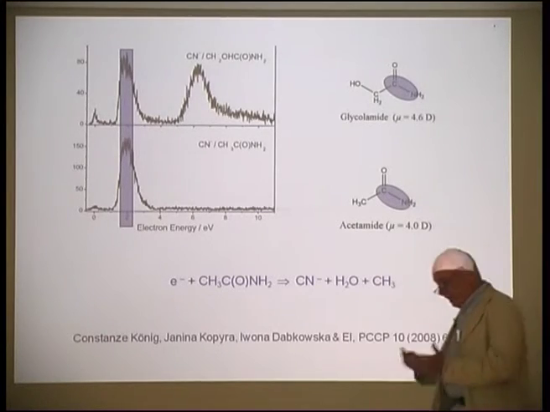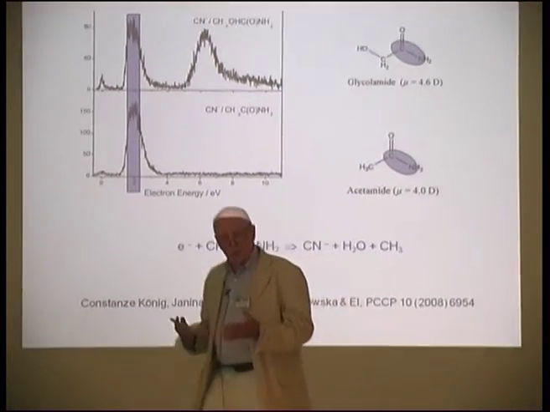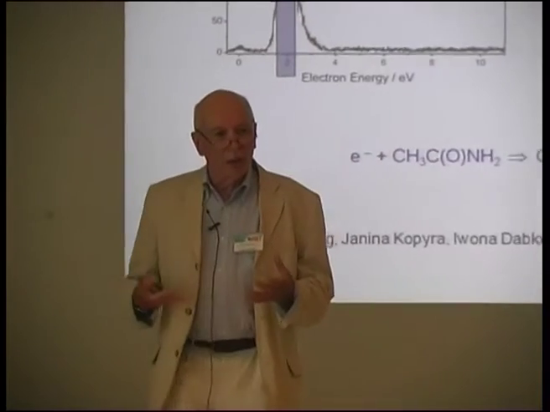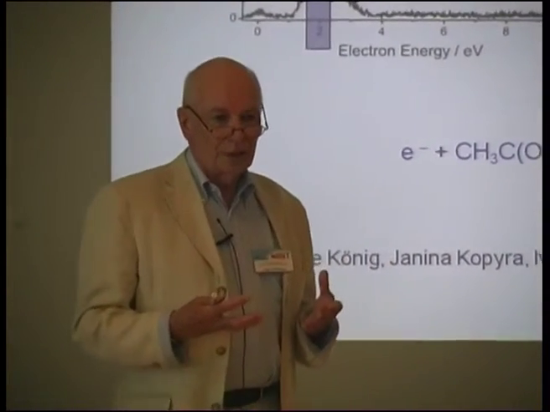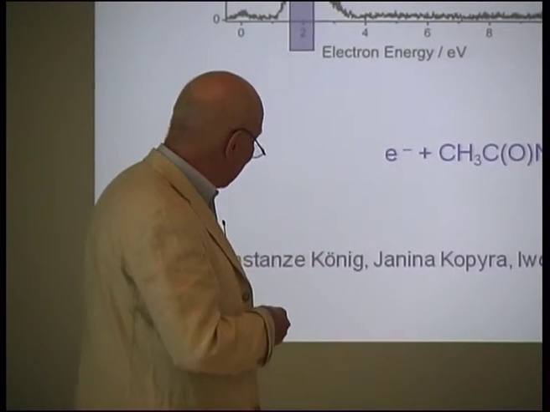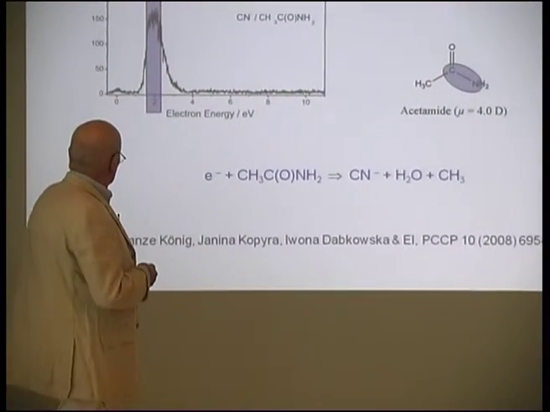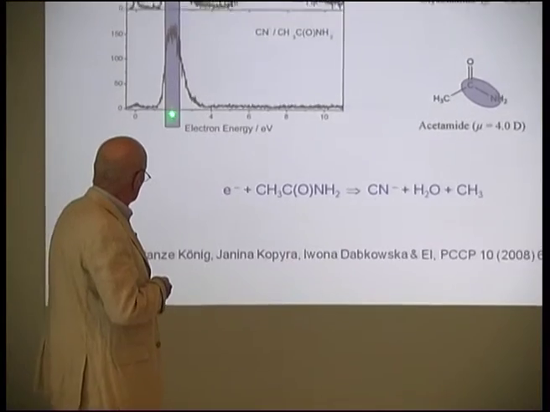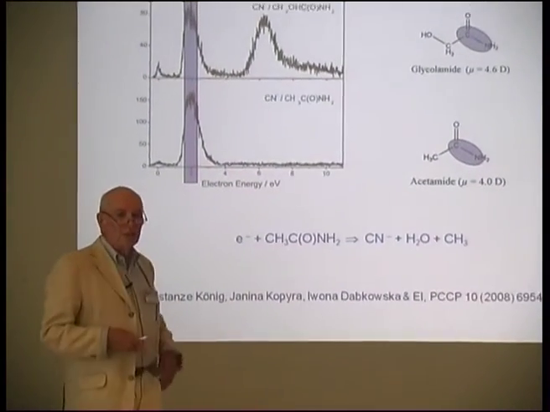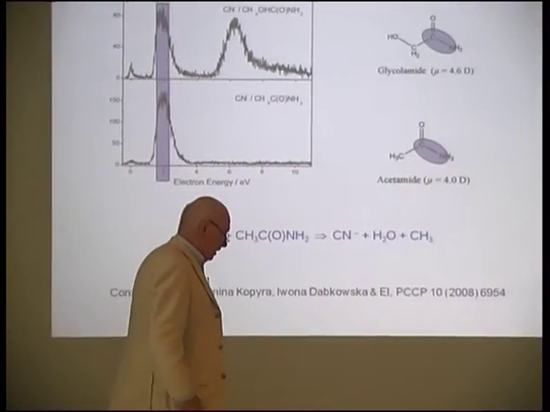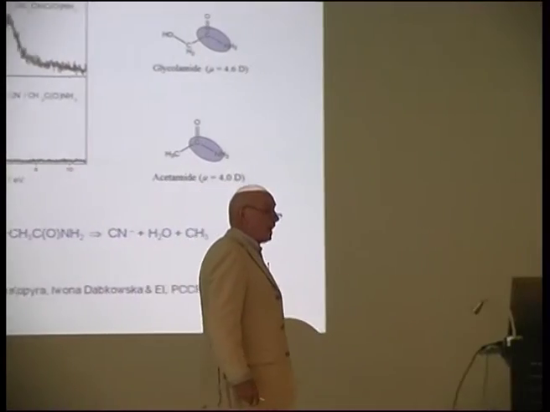You have to cleave a series of bonds and reorganize a series of bonds. So this is quite a complicated reaction, and electrons at that low energy can initiate these rather complicated unimolecular reactions.